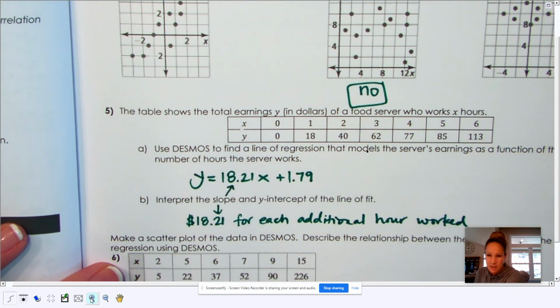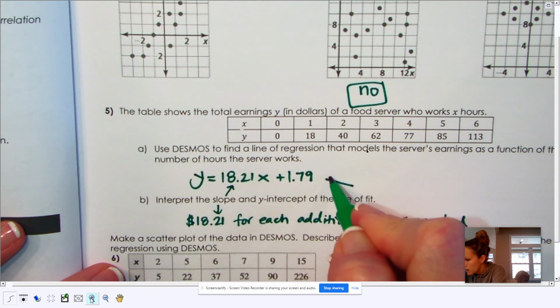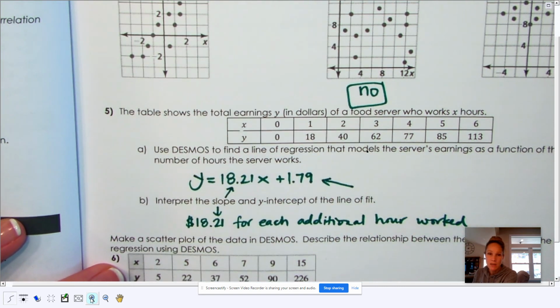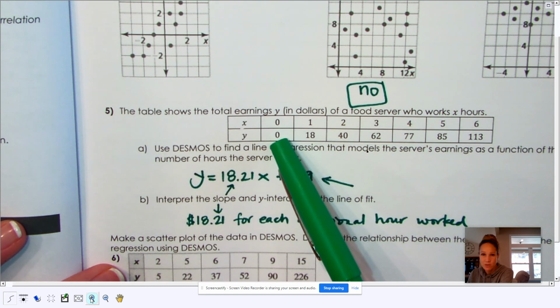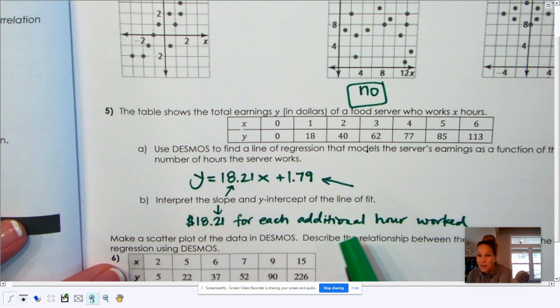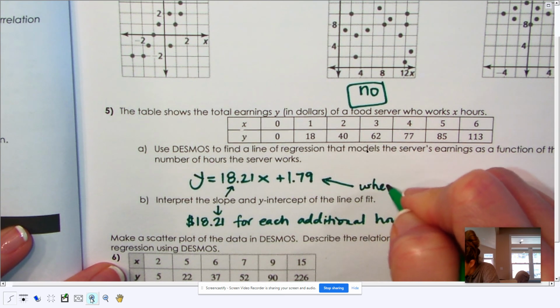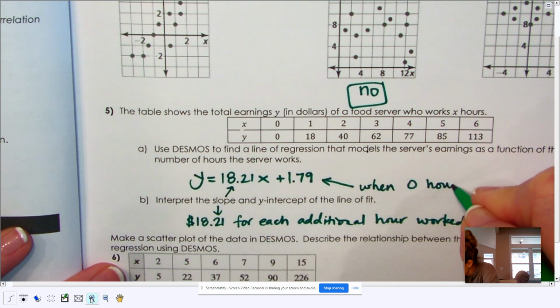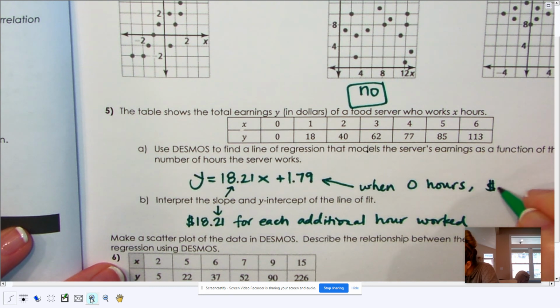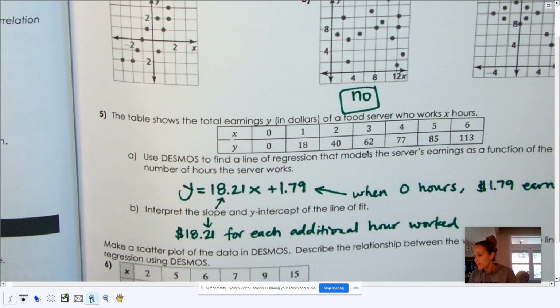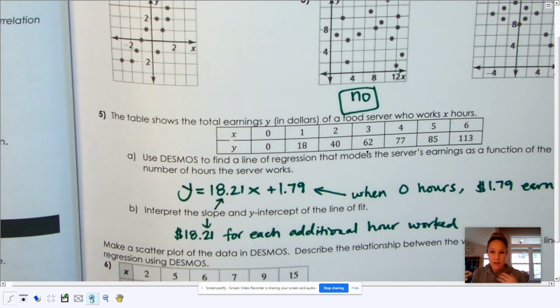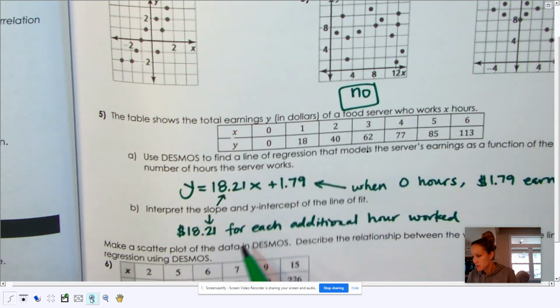Okay, and then in the context of this problem, this doesn't make a ton of sense, but that would be the amount of money they would make if they worked for 0 hours, which in this case, you would get $0 for 0 hours, but that's what that represents. When it's 0 hours, they would make $1.79 earnings.